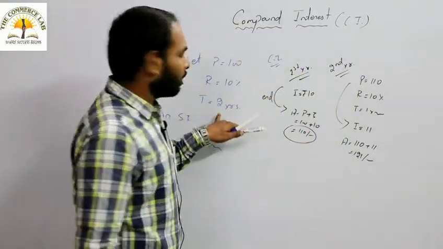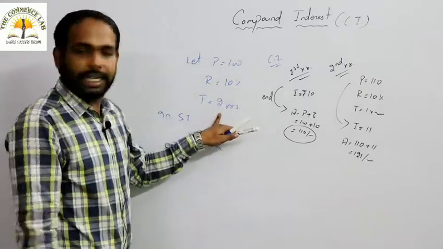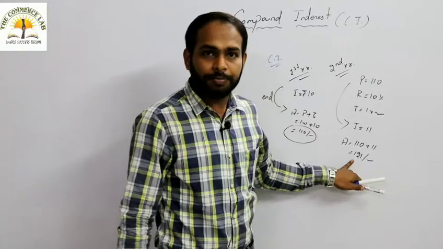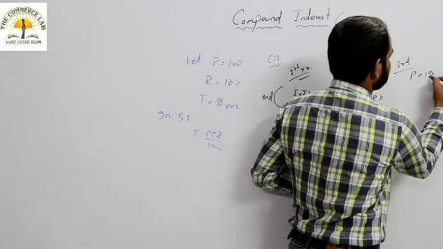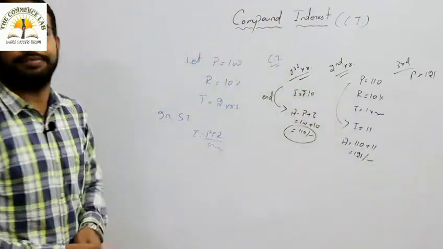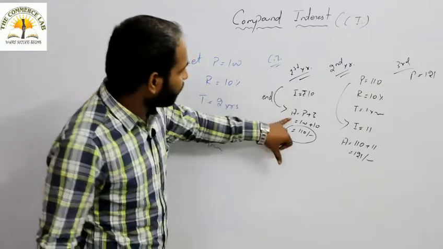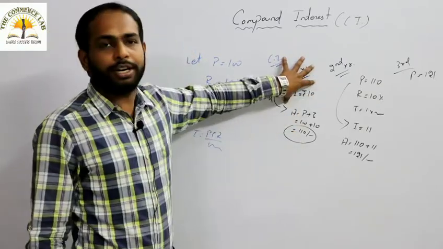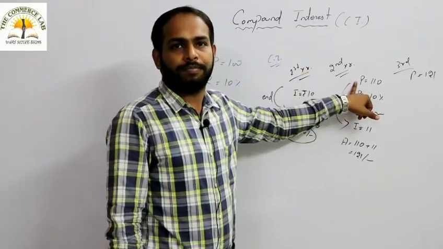So if the time period is 2 years. If it is given as 3 years, then this amount becomes principal in the third year. So this is all about CI. In CI, the amount at the end of the period becomes principal in the second period.